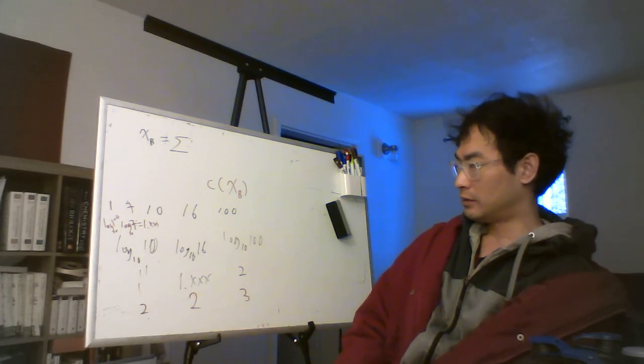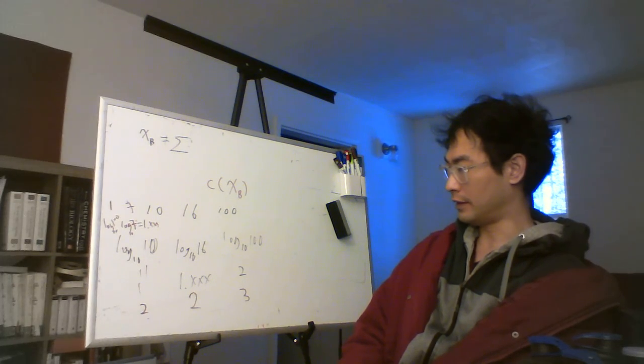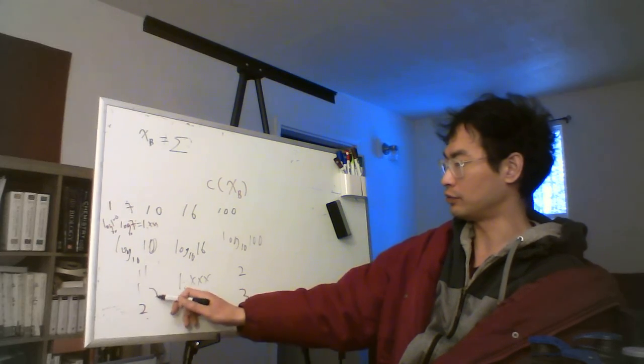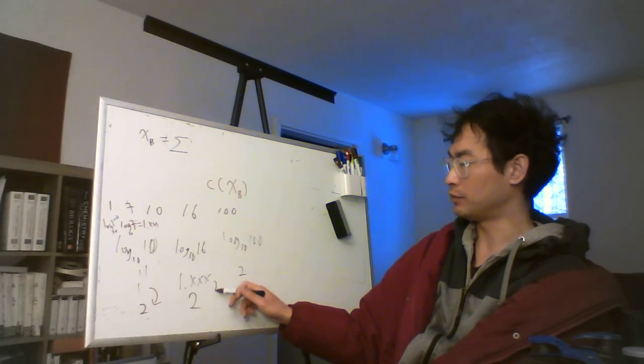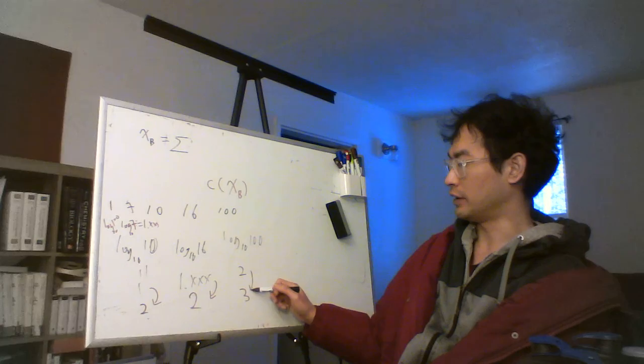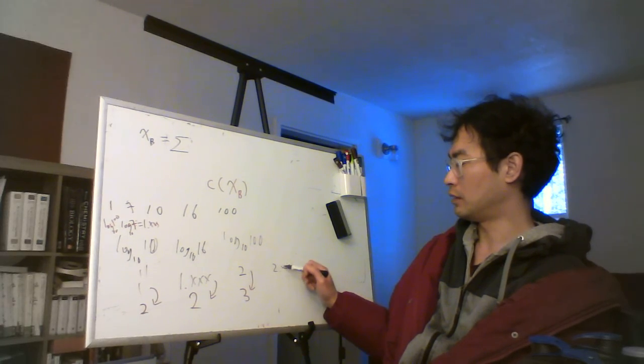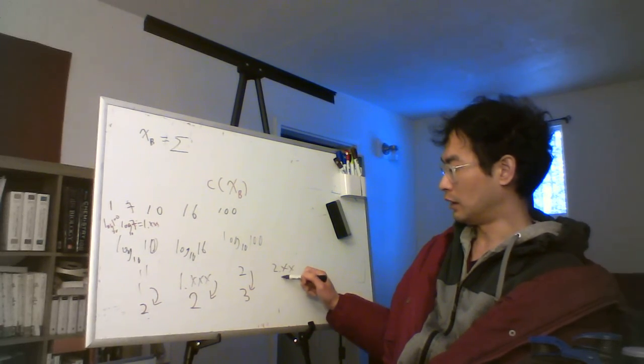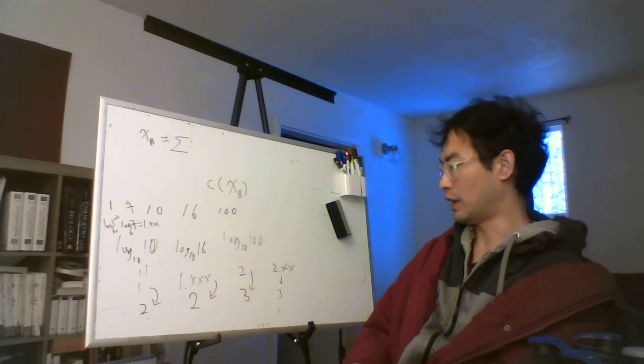So 1 point something becomes 2, and 2 point something becomes 3. How do we do that?